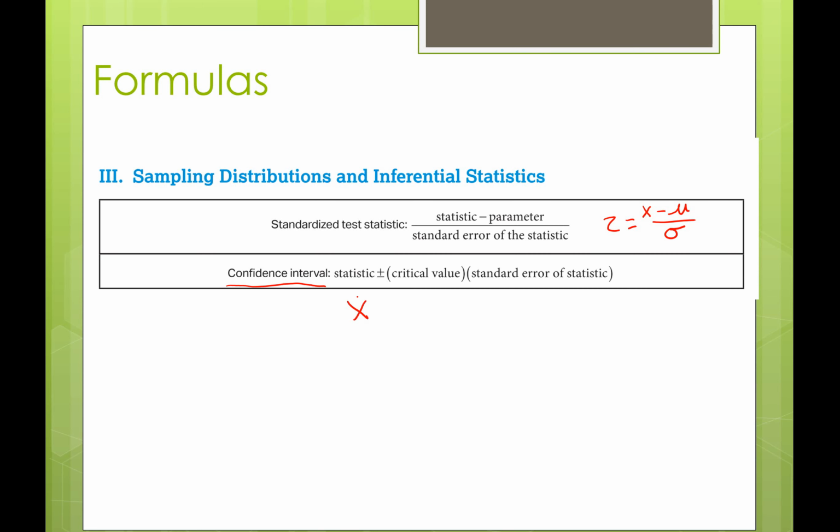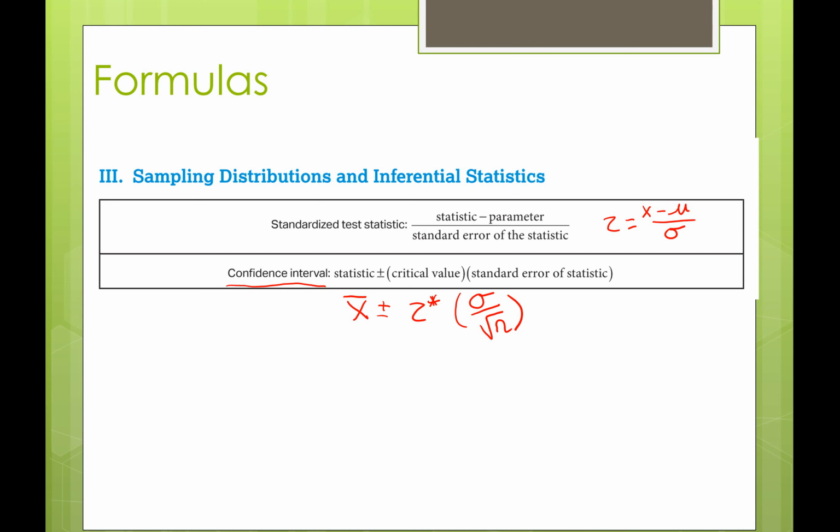But for the Z-interval, our statistic is the mean of the sample, then plus or minus what's called Z star or Z critical, times the standard deviation or standard error, depending on which interval we're using. Right now it's the standard deviation of our statistic because we're using the population standard deviation. Standard error is when you're calculating the standard deviation using your sample statistics. So you calculate the standard deviation based on your sample, and that's not this one.